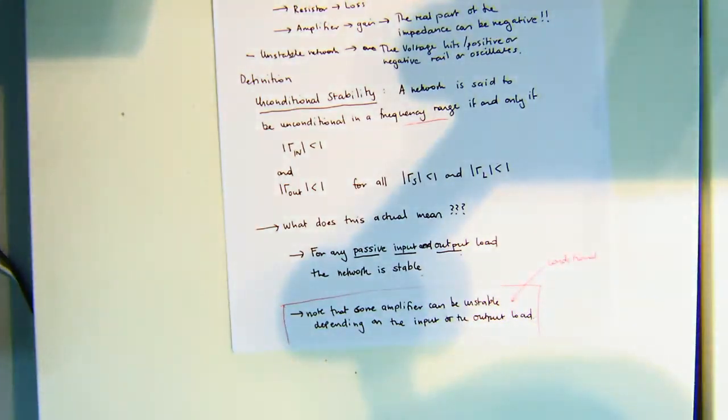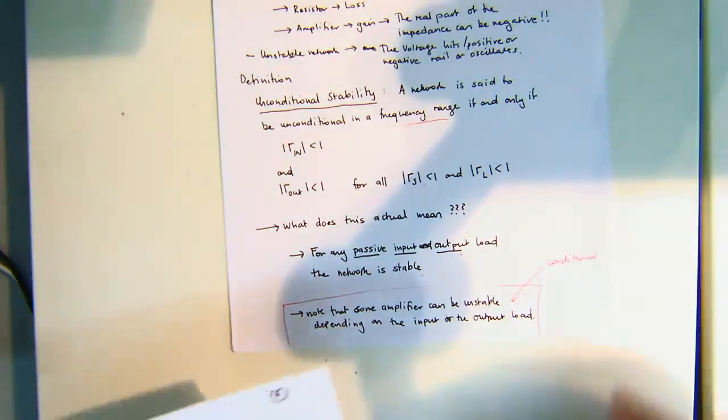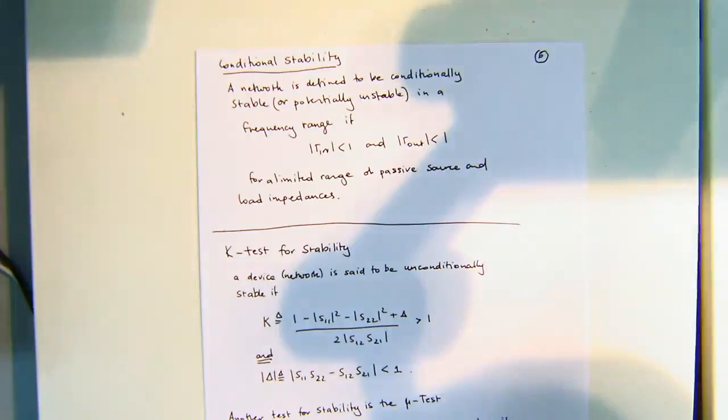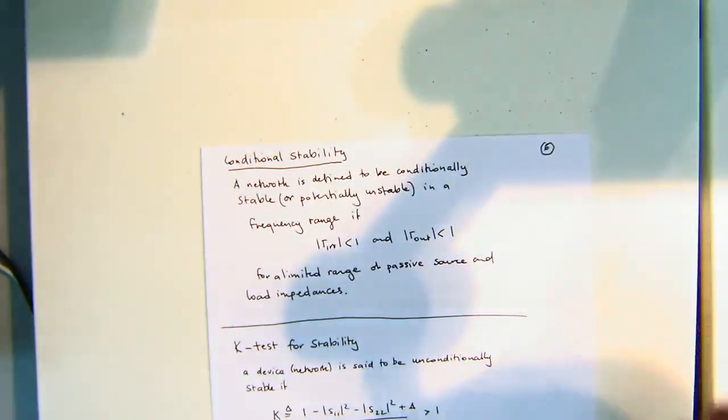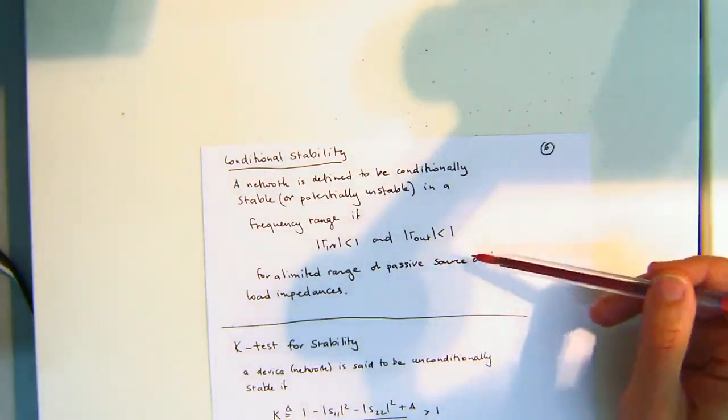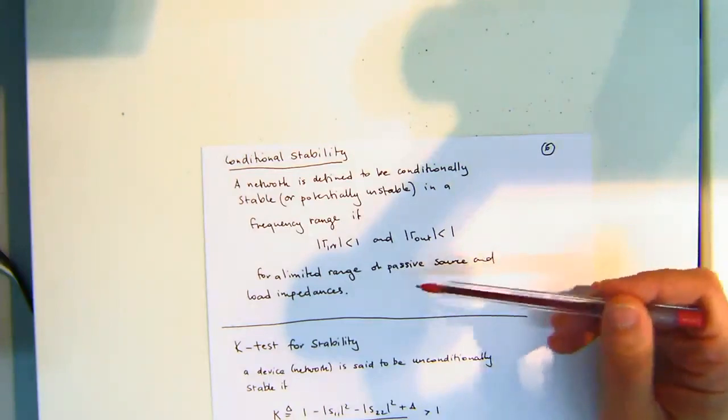All right, and what we'll do next is talk a little bit about conditional stability. Essentially, what I'm talking about in conditional stability is that the system is potentially unstable. We're not saying that it is unstable, but when we do these tests, it can be potentially unstable, but that could be for a limited range of passive source and load impedances. And that's what's important here.